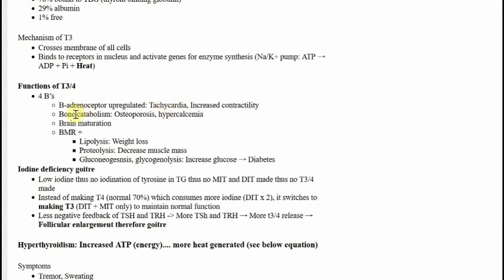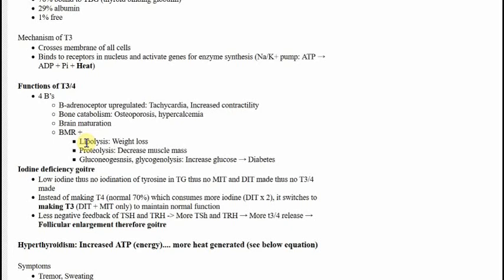It is involved in bone catabolism. So someone who has an overactive thyroid gland producing an excess of thyroid hormone can have osteoporosis. It is involved in brain maturation and also in the metabolic rate. So someone who has an excess of thyroid hormone can lose weight, for example.